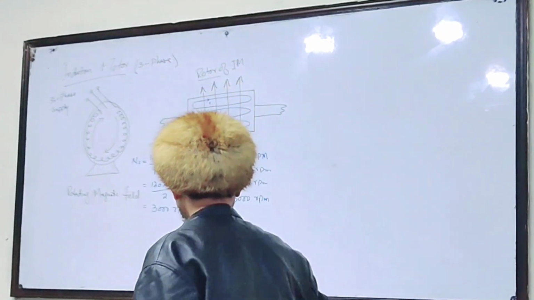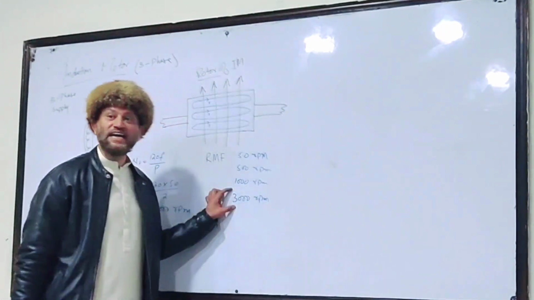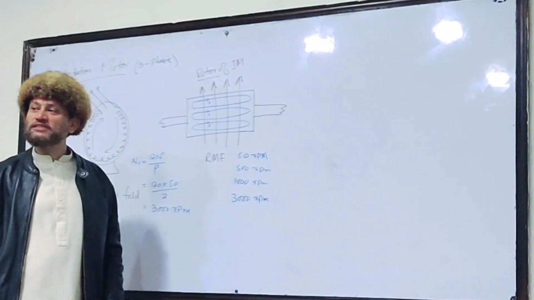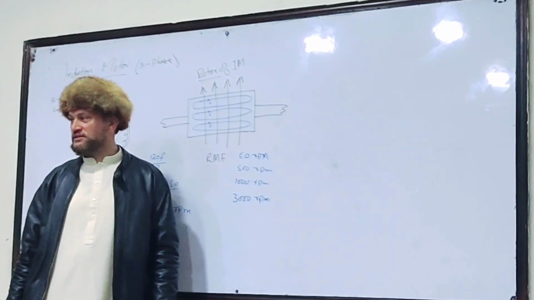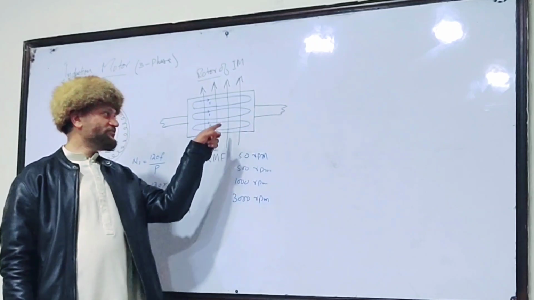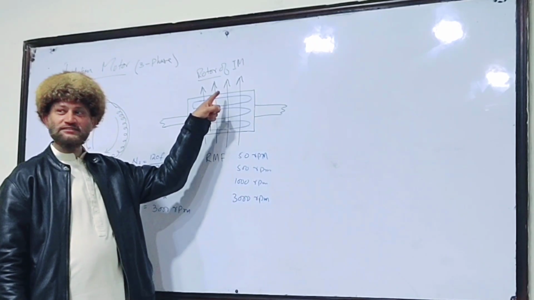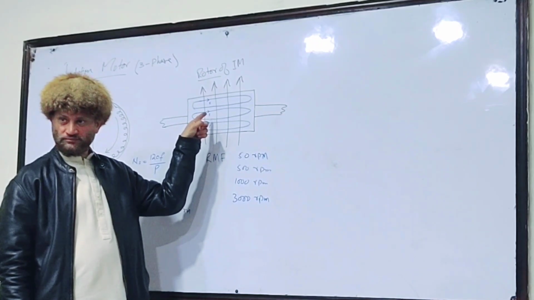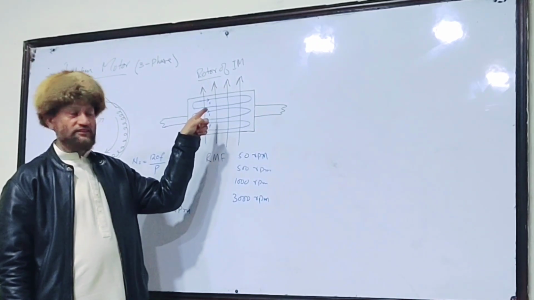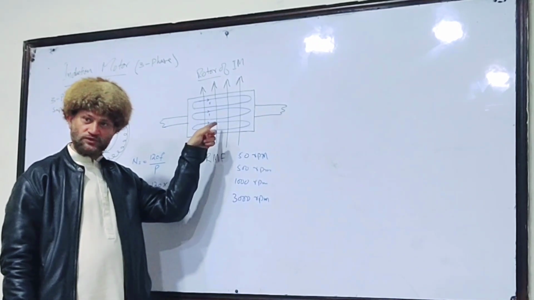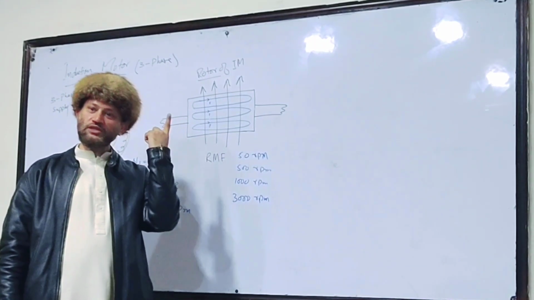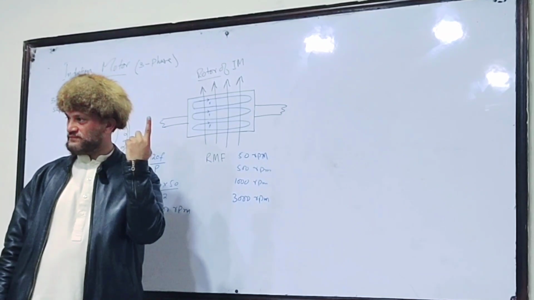For example, it slows down from 3000 to 2900 revolutions per minute. Now the relative speed is 100 revolutions per minute. Again, EMF will be induced in these conductors, and current will flow in these conductors, these loops. And when there is current, there will be a force. When there is a force, it will speed up again.